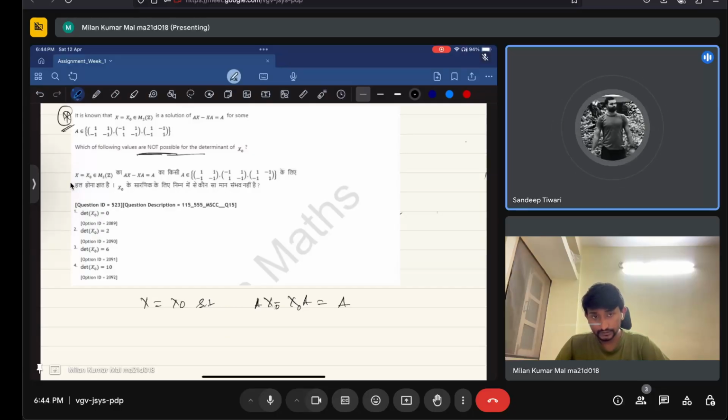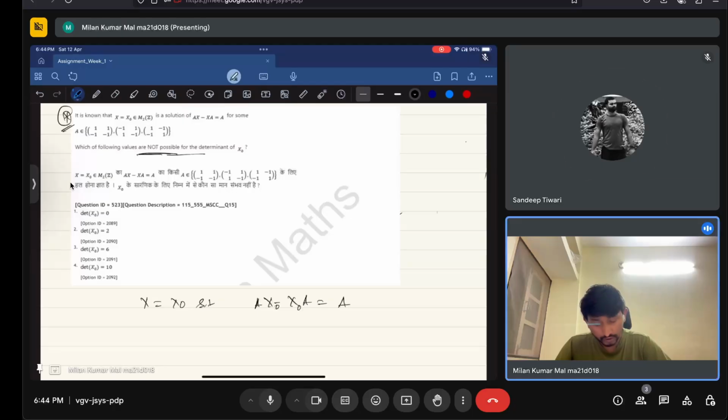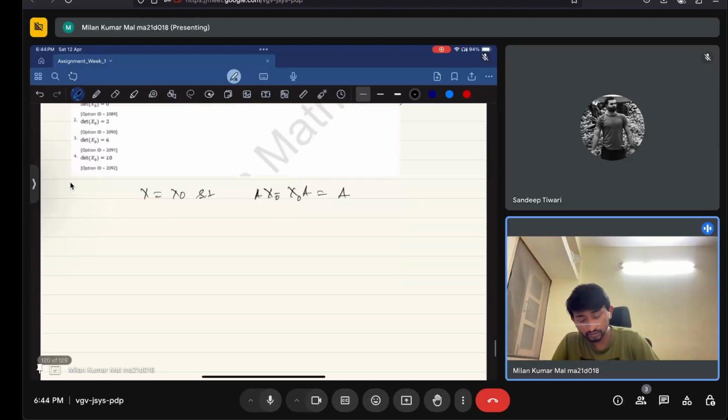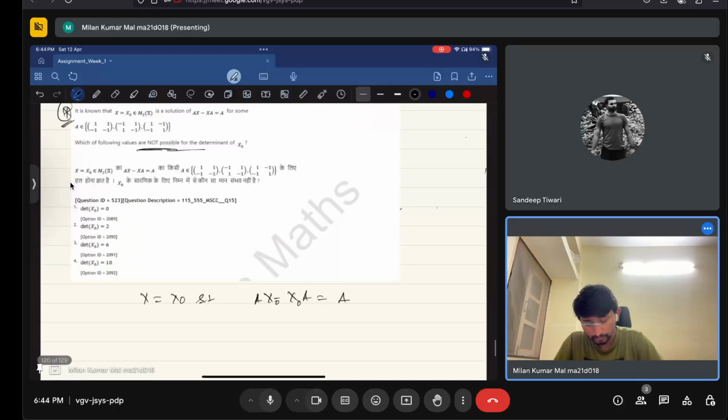So why do we not compute the kernel of X naught, if determinant of X naught equals 0, then what will happen?